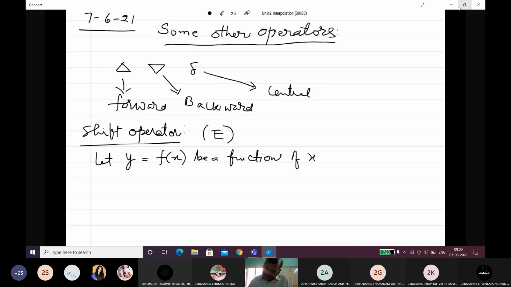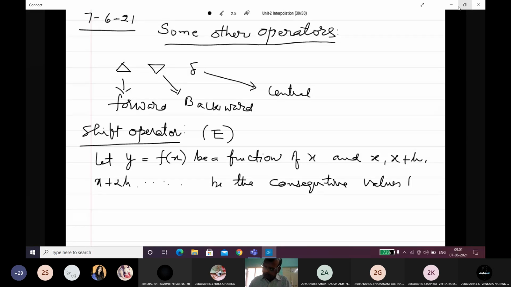And let x, x plus h, x plus 2h, etc. be consecutive values of x.